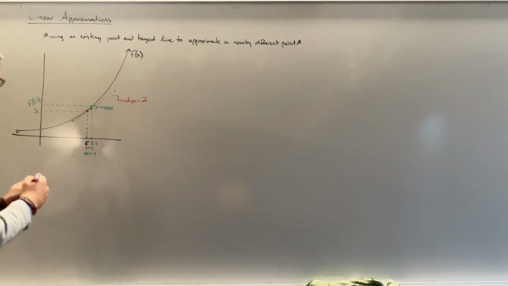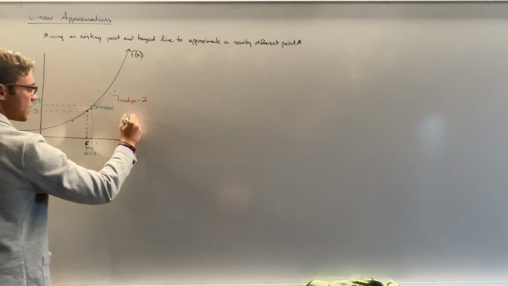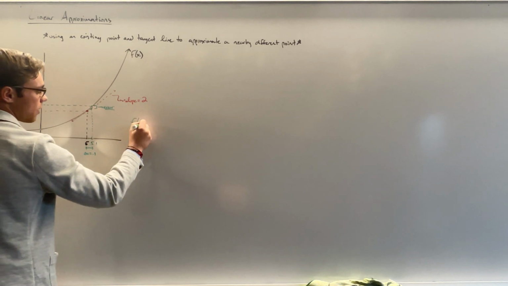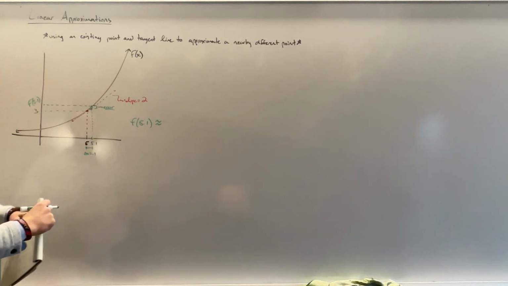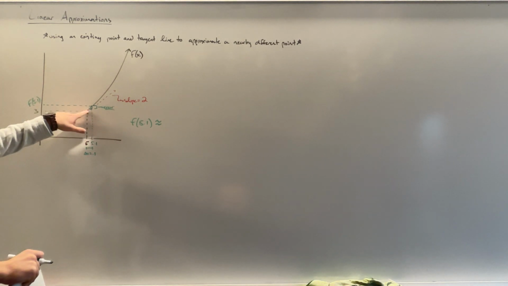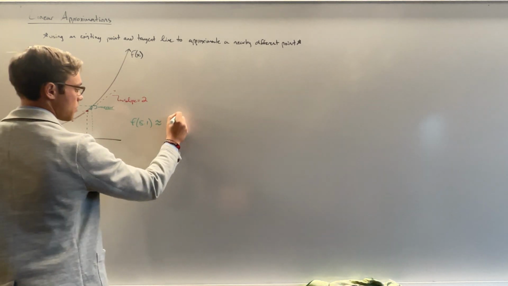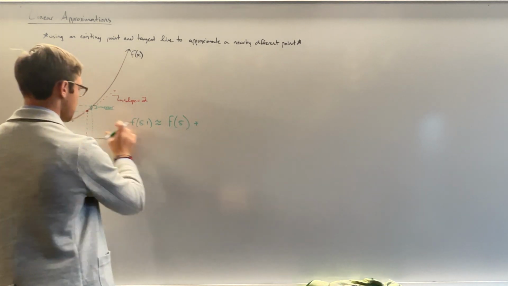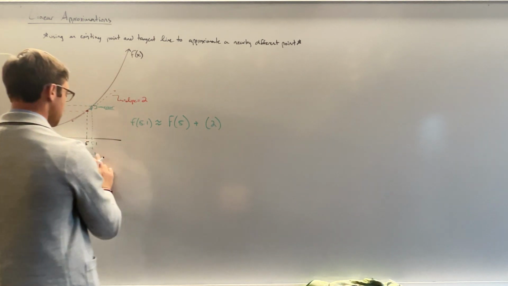Then I don't know exactly what f of 5.1 is, but I know that f of 5.1 is going to be approximately f of 5, moved up the slope of the tangent line a tiny little bit, 0.1.